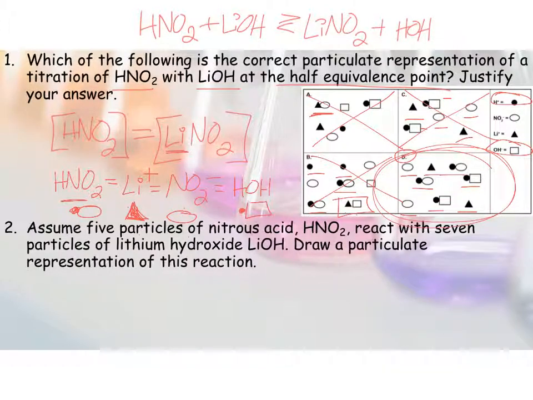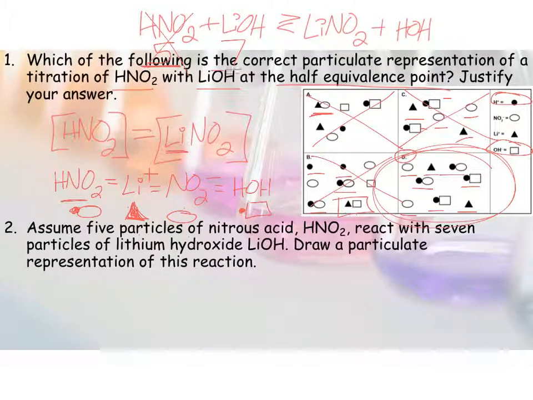And last part, we are to assume that we have 5 molecules of nitrous acid, and we have 7 molecules of lithium hydroxide, and we need to draw a particulate representation. Okay, so first off, understand that now your acid is your limiting reactant. So we're going to completely react all of the HNO₂. So there's not going to be any of this left, okay?